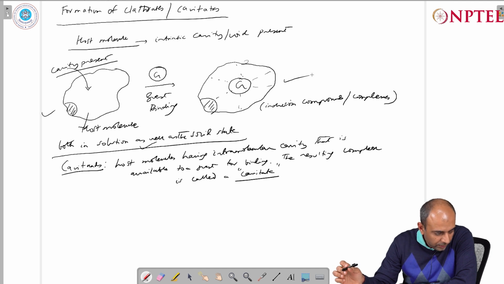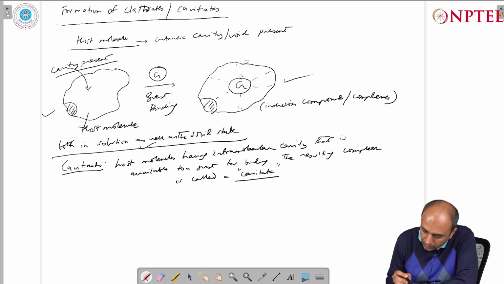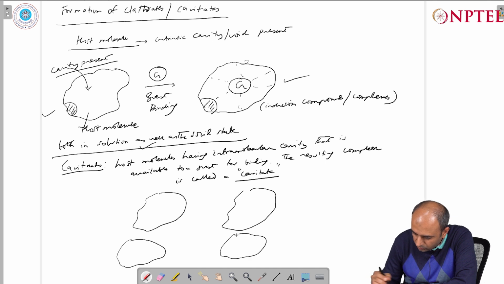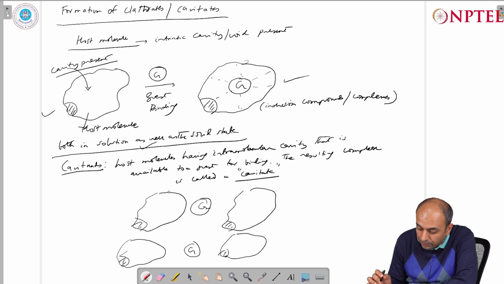On the other hand, we have another possibility where the guest molecules can now go and sit in the voids which are created by the crystal structure of the host molecules. So, now you see this is the crystal structure.